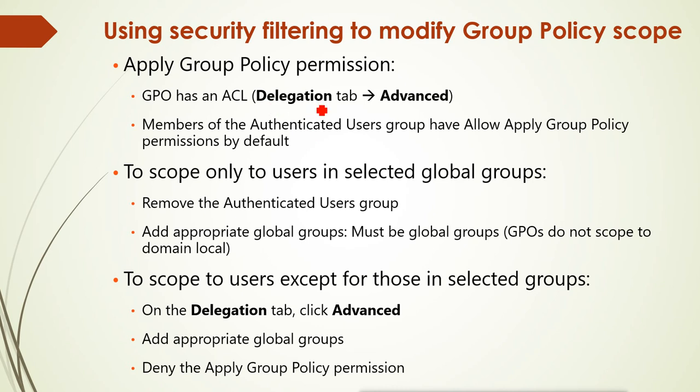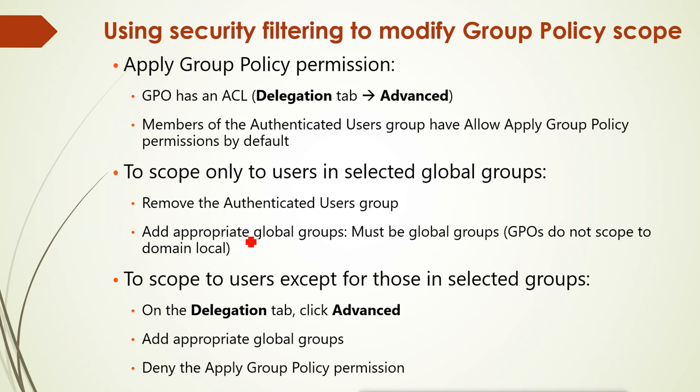Then we can define the scope only to the users in selected global groups, and remember, only for global groups. So we can create the security global groups, and then we can add those groups there. First we have to remove the authenticated users group, and then we can add the appropriate groups, so that only those groups will be applied the policy and other groups will not be applied the policy. This is how we can do the filters.